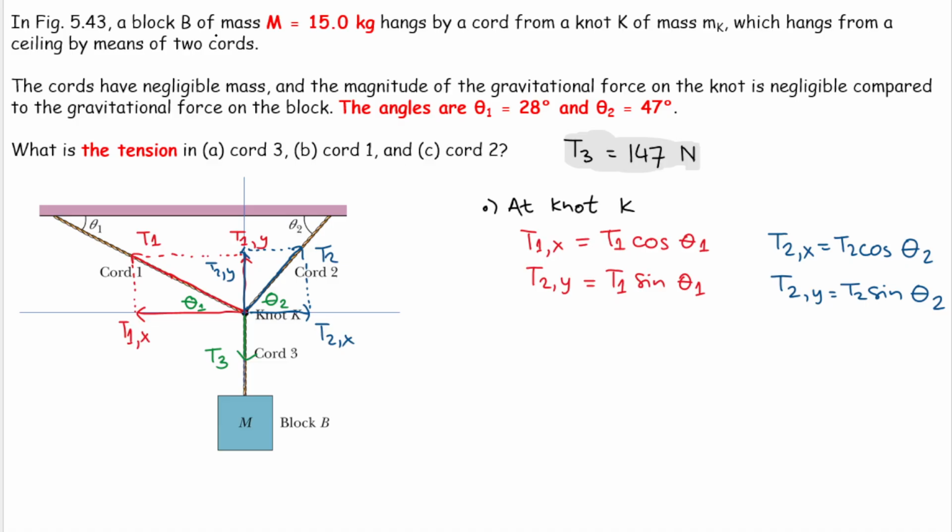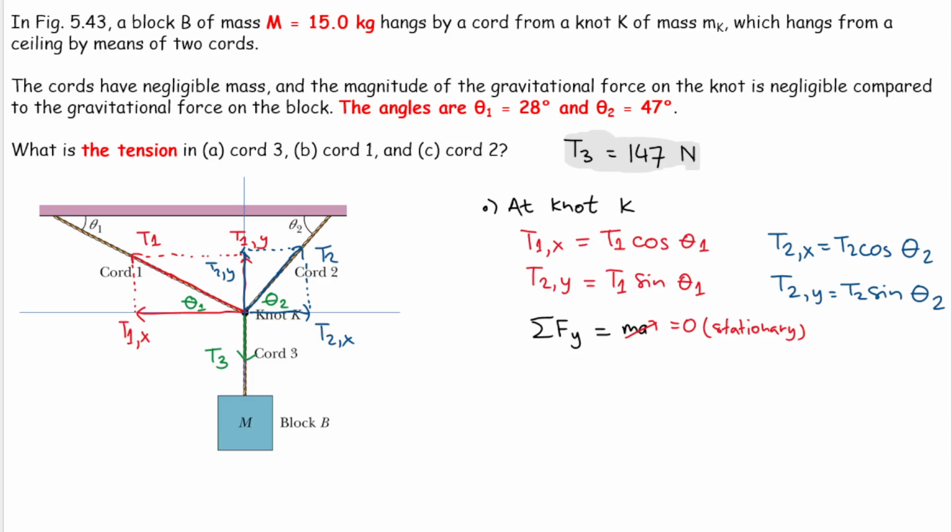Let's do that. So here we will have sigma F on the y direction first. That will equal the mass times acceleration. But because this is stationary, on the right hand side we will have 0.